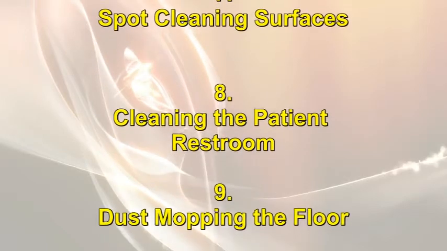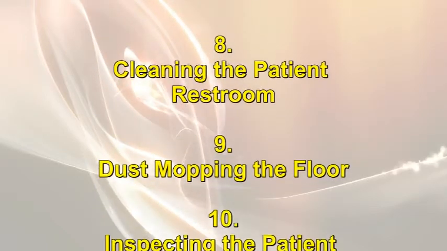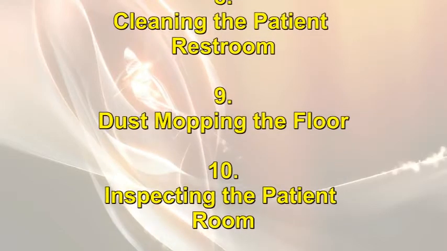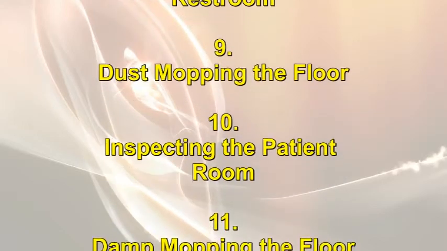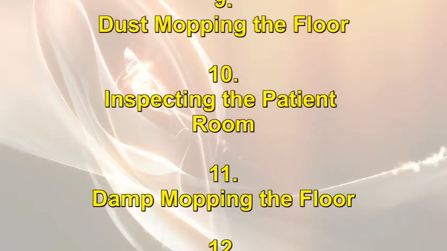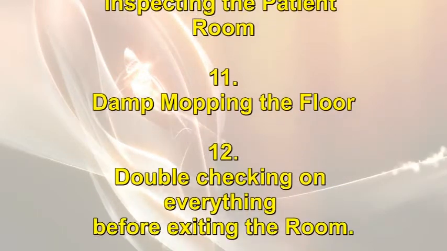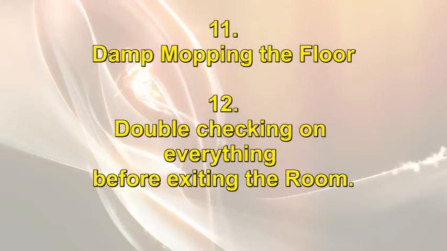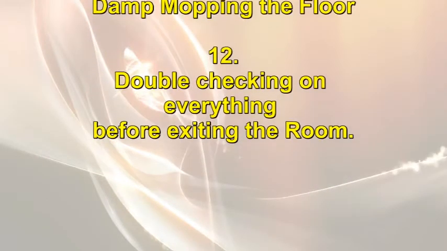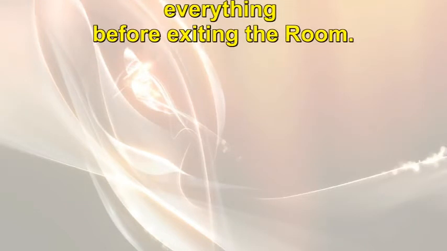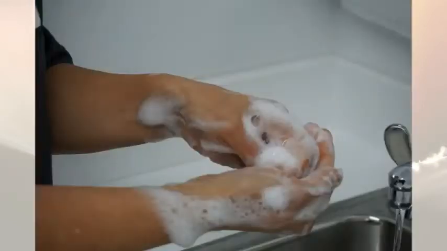Spot cleaning surfaces. Number 8. Cleaning and disinfecting the patient restroom. Number 9. Dust mopping the floor. Number 10. Performing final inspection of the patient room. Number 11. Damp mopping the floor. Number 12. Double checking everything as a final step before exiting the room.